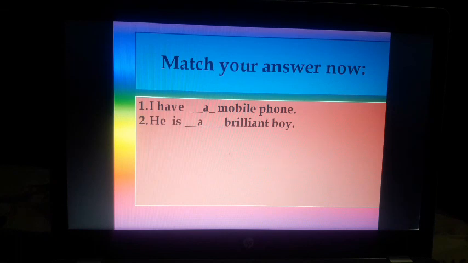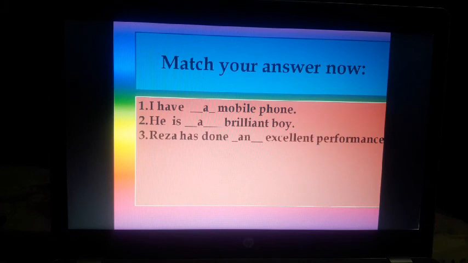Oh, remember guys, dear students, we will use an when the word is the short form of a longer word. We will place an before a word starting with a consonant letter only when its pronunciation starts with a vowel sound, when it is an abbreviation of some longer word. The word mobile is not an abbreviation, so here it is a. And the third one, Raja has done an excellent performance. Fourth one, what will we use? Let's see.